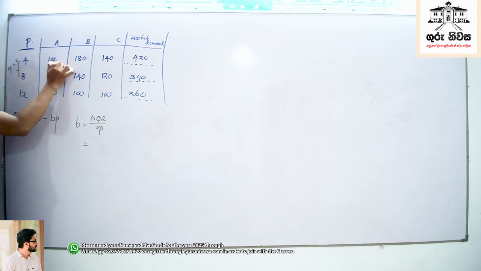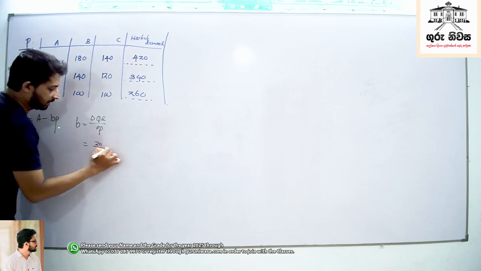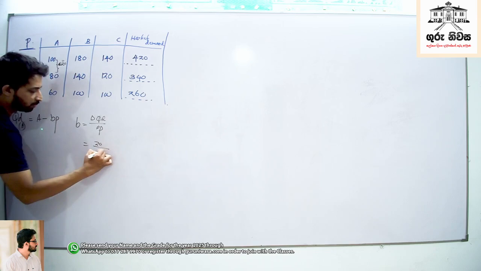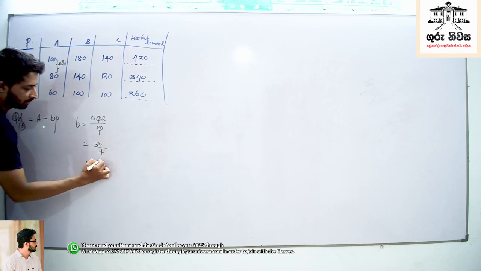Delta QD is 20. So 20 divided by the change in price, 4 rupees. 20 divided by 4 means 5.